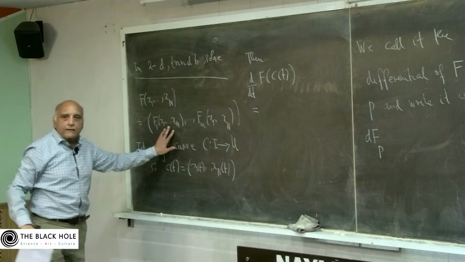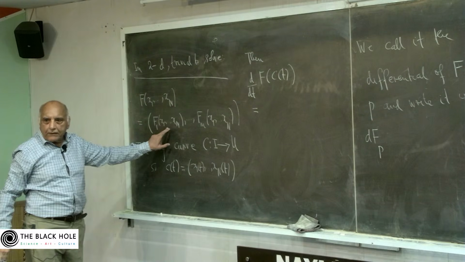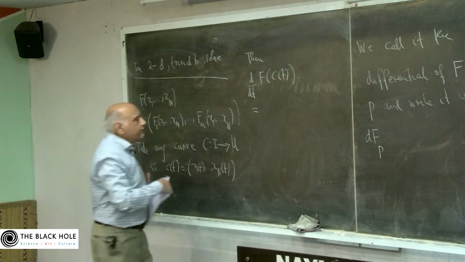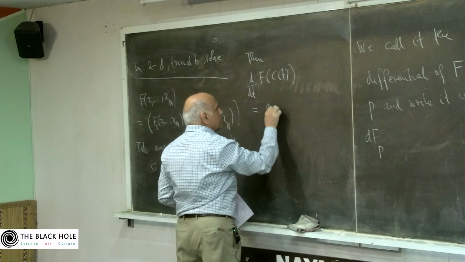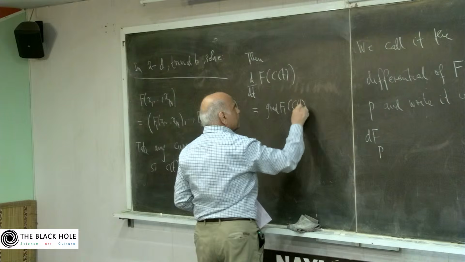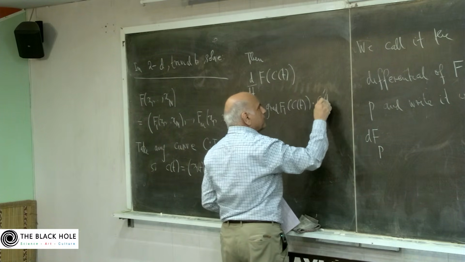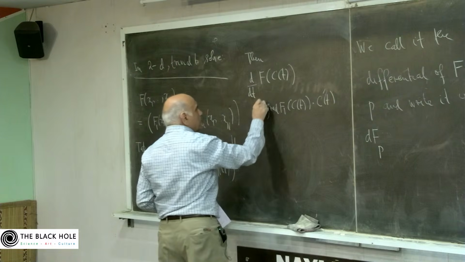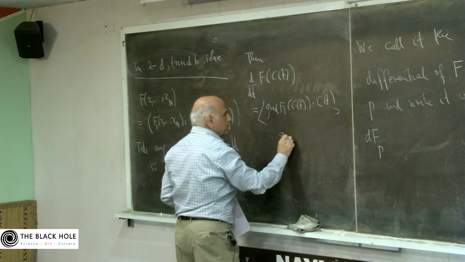When I plug in here, it will give you gradient of f1 at C of t dot C prime t, right? This is gradient of f1 at C of t dot C prime t. This is the first component. So, and what would be the last?